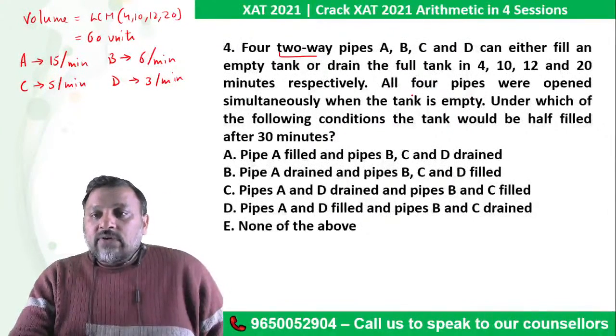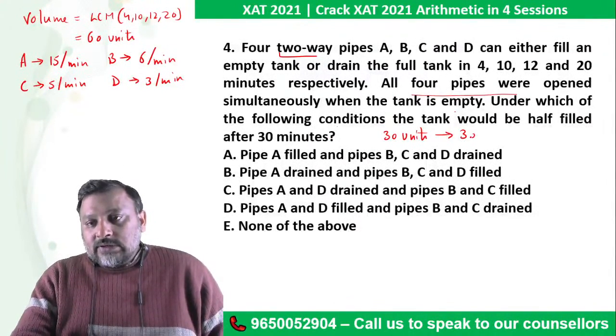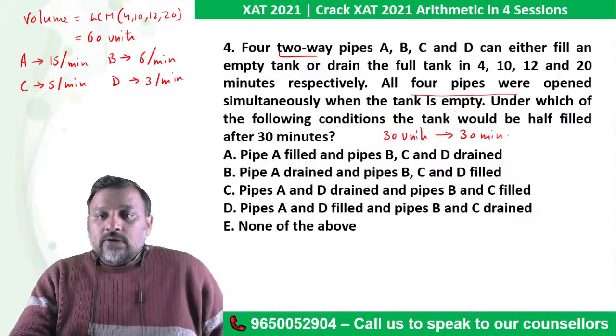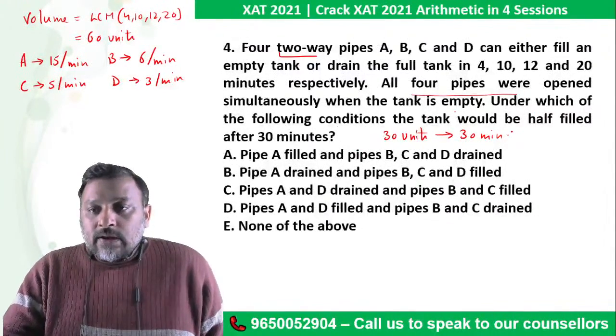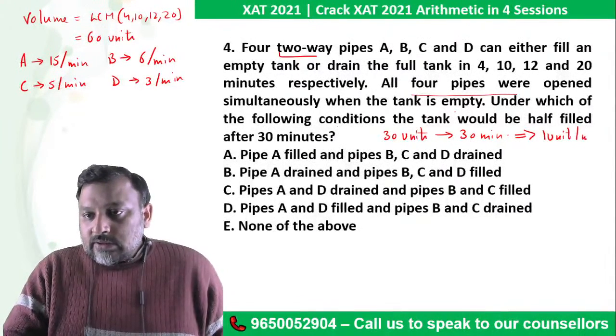Now it is given all four pipes are opened simultaneously when the tank is empty. Under which of the following conditions the tank would be half filled after 30 minutes? So you need to half fill the tank. That means you need to fill 30 units only in 30 minutes, which is 1 unit per minute.